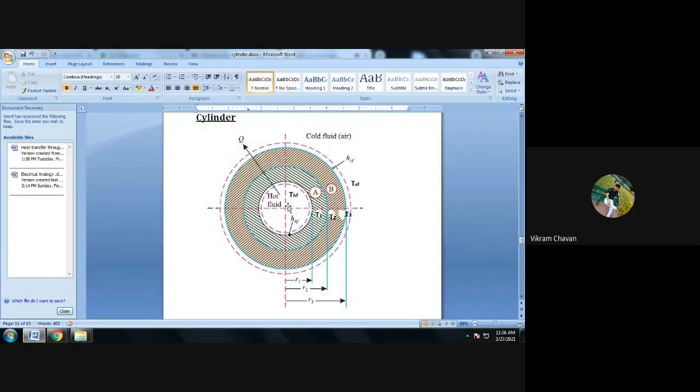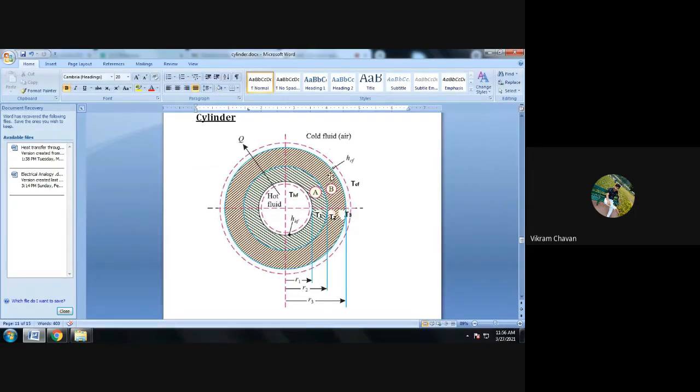The internal surface of A cylinder has temperature T1. The external surface of A cylinder has temperature T2, which is also the internal surface temperature of B cylinder, and the external temperature of B cylinder is T3.